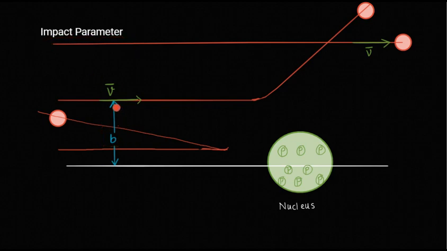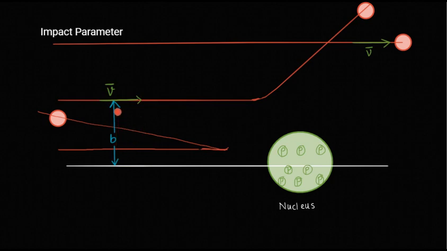The smaller this impact parameter, the more impact the alpha particle has. So the perpendicular distance between the velocity vector and the center of the nucleus, when the alpha particle is away from the nucleus, is your impact parameter.